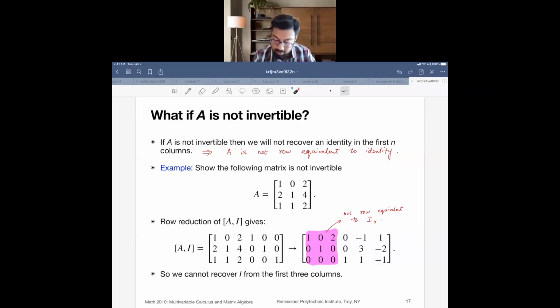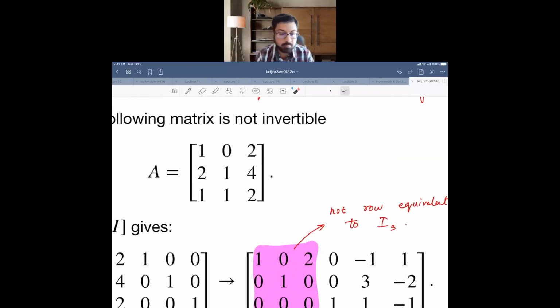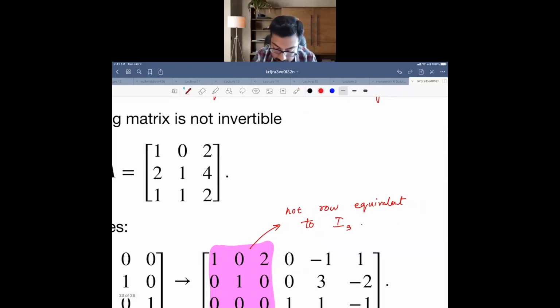Now I can also prove it slightly differently. I can try to find the determinant of this matrix and it will equal 0. Let me just check that over here. If I expand using the first row, as I did earlier, I will do the determinant of A: 1 times the determinant of the submatrix, which is going to be 2 minus 4. And then I do minus 0 times whatever.